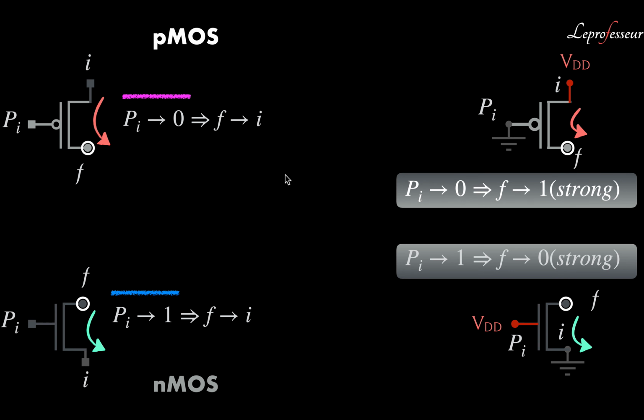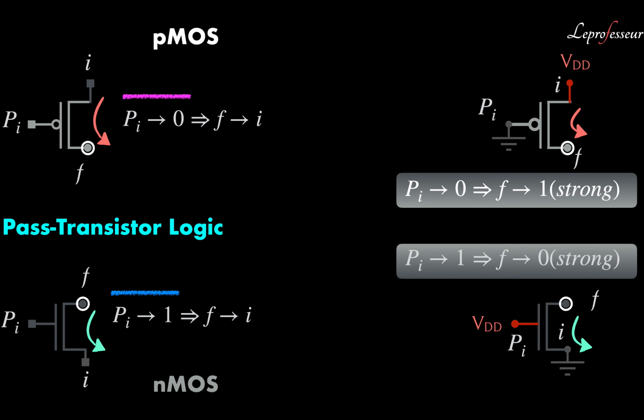So for PMOS, if the gate control is 0, F will be 1, provided that logic level I is high, and it will produce a stronger one. Similarly for NMOS.